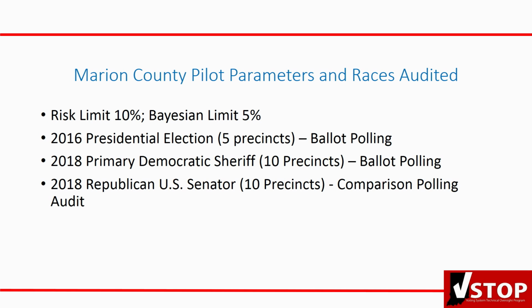We chose the 2016 presidential election, 5 precincts within Marion County. We chose the 2018 primary Democratic sheriff in Marion County with 10 precincts, and the 2018 Republican U.S. senator. There were sufficient margins there, and with discussions within the RLA team and VSTOP, we decided that that's what we wanted to do.